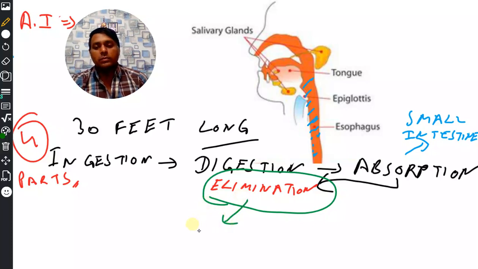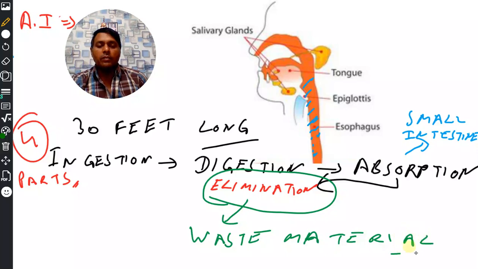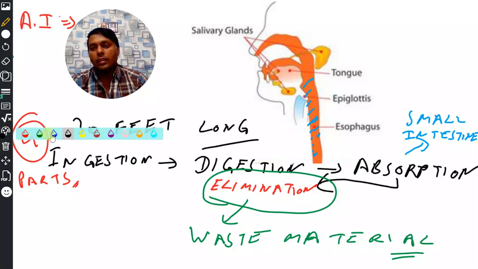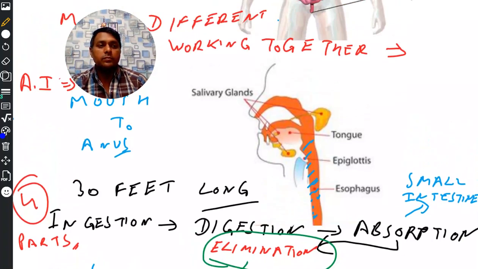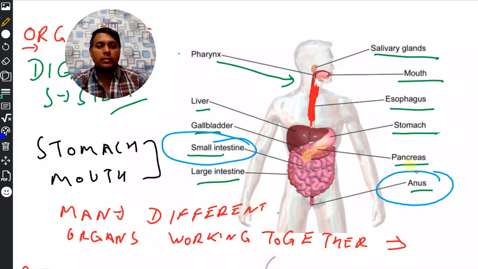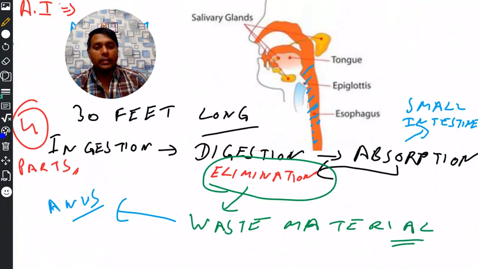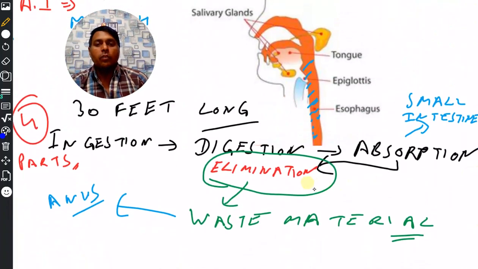Yes, it moves out because it is a waste material, and it moves out from the anus. You can see in the diagram, this one is the anus. Are you getting what I am explaining here?